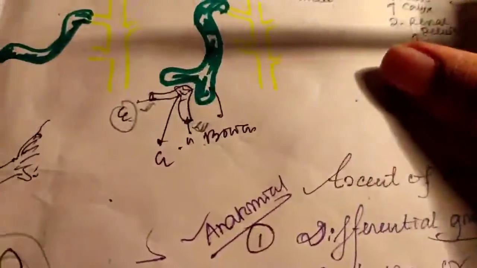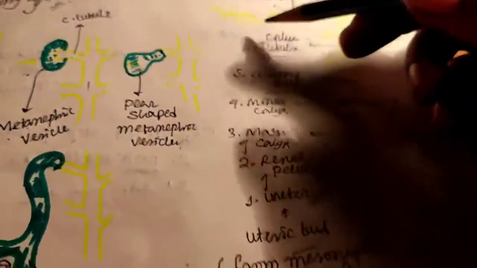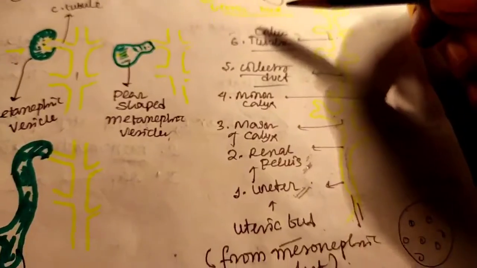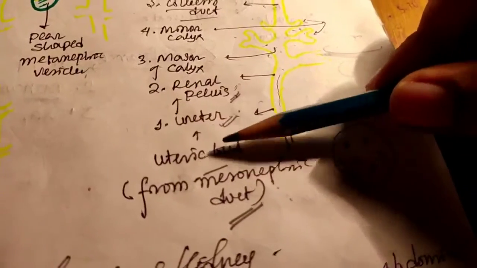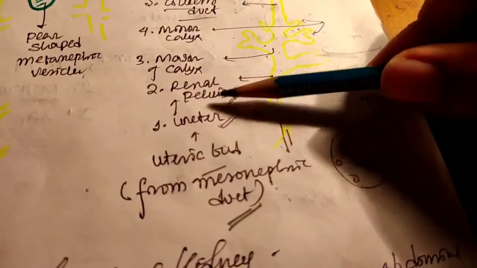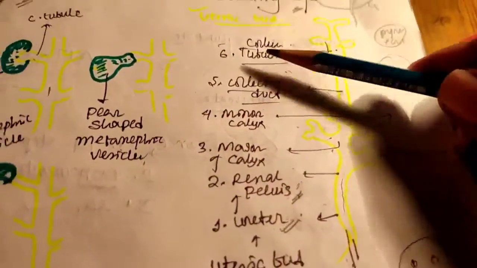Metanephric development of the kidney is very important. You should learn the process. This is a summary video, so there is a very important sequence of steps. Revising the collecting system: from the mesonephric duct to the ureteric bud, to the ureter, to the renal pelvis, then major calyx, then minor calyx, to the collecting duct and collecting tubule.